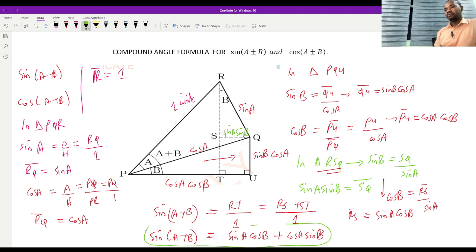So that is the compound angle formula for sine A plus B.